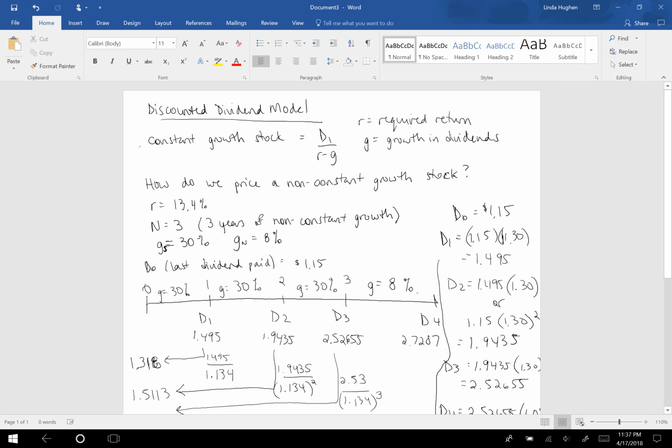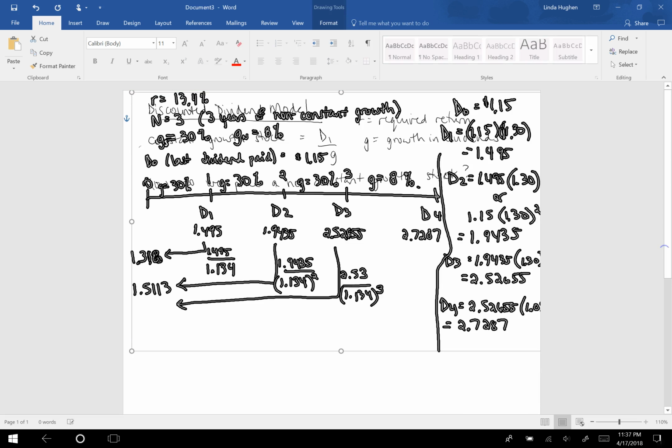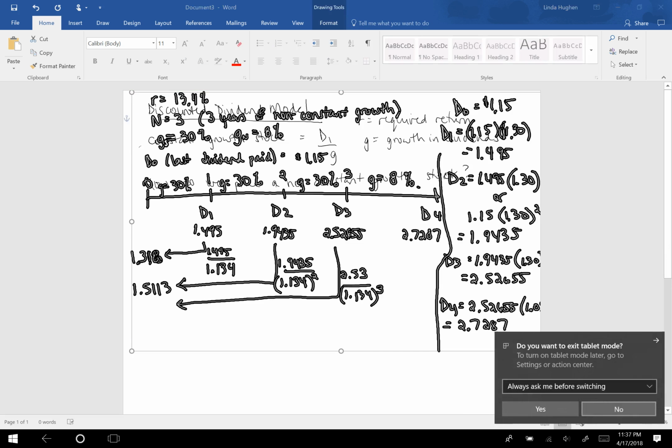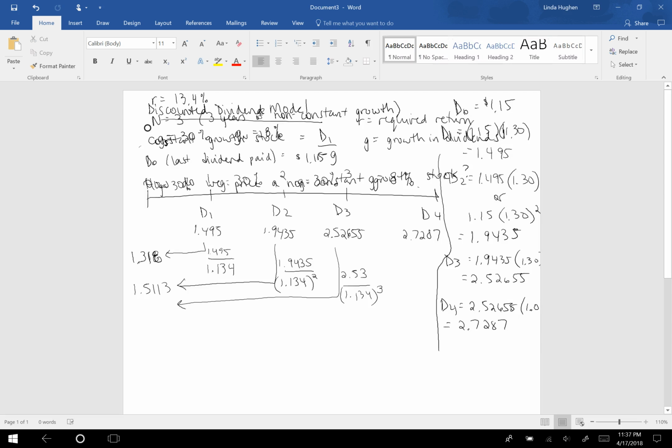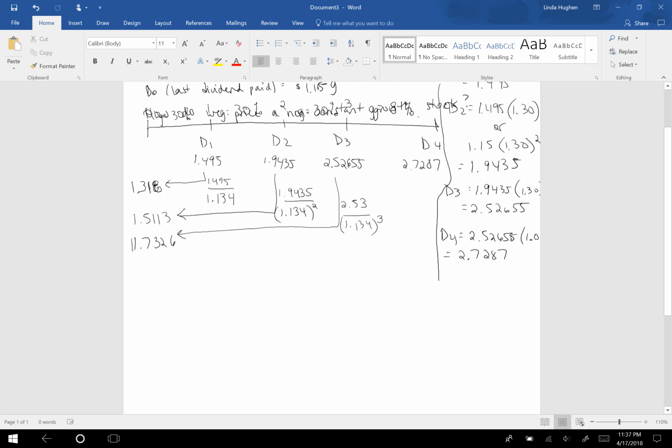Let's just give this crazy Surface Pro a minute to catch up here. All right, so the present value of D3 works out to be 1.7326. So what we've just done is calculated the present value of each one of these dividends in the non-constant growth period.